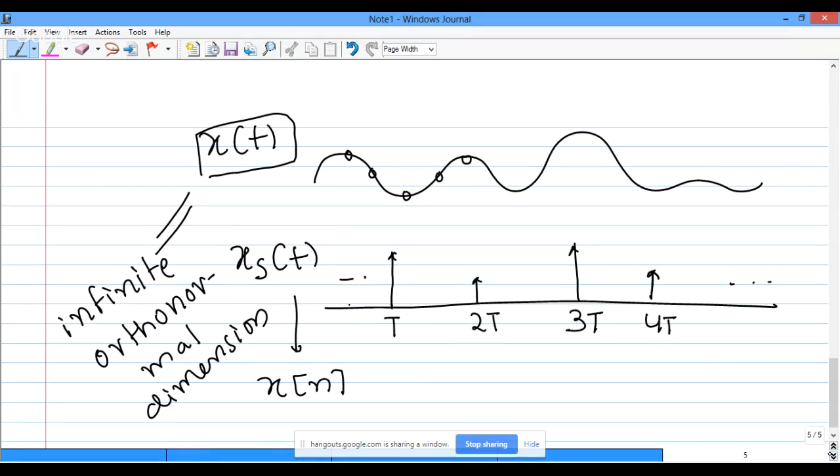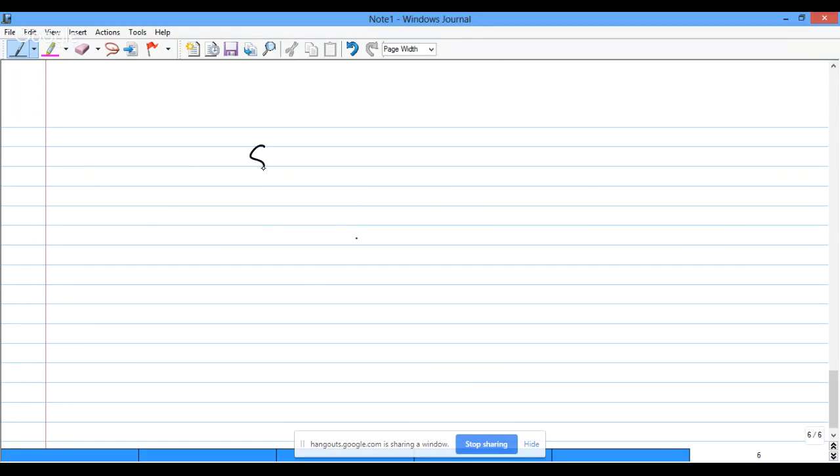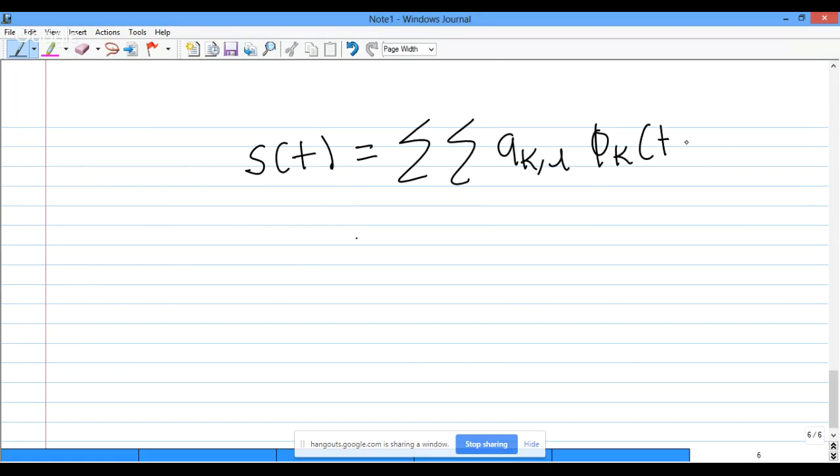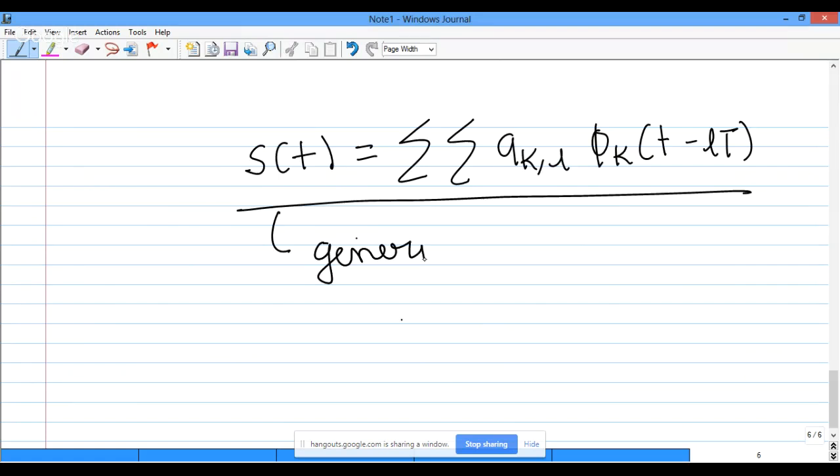Now when I do this, again coming back, when I have a signal which I express like this, there are two things that are running in here. One is that this is the most generic modulation scheme. All modulation schemes can be derived from this generic modulation scheme.